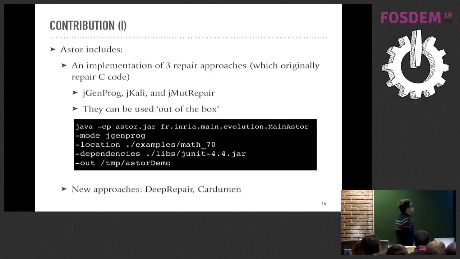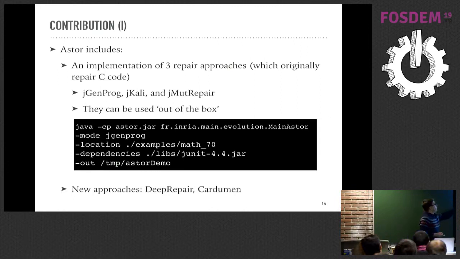Astor is available on GitHub. It's quite easy to use. Here I put an example of the command. Here we have an argument that is mode, and here we specify the name of the repair approach that we want to execute.